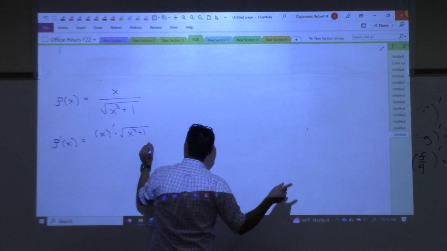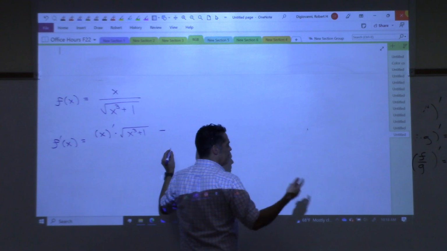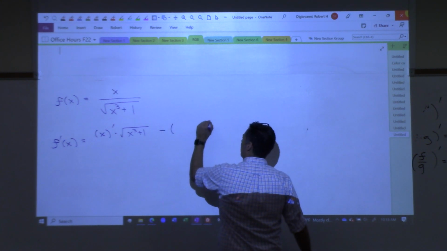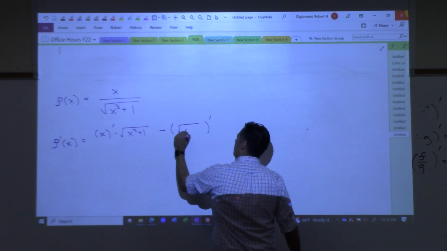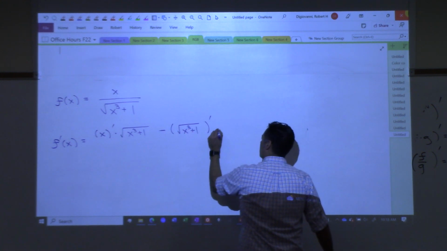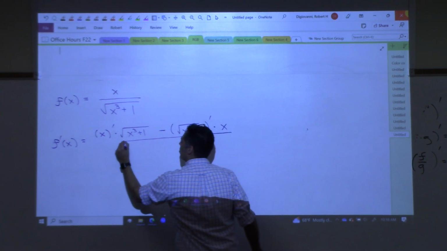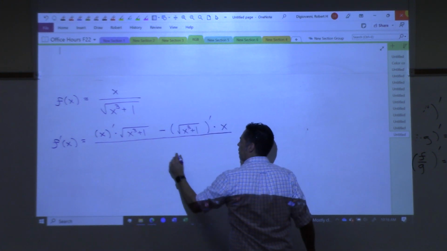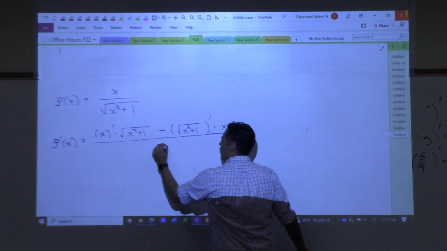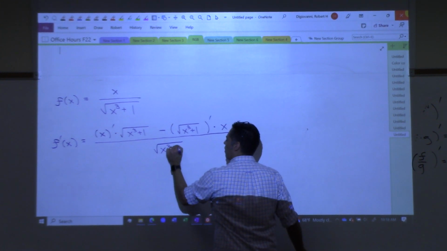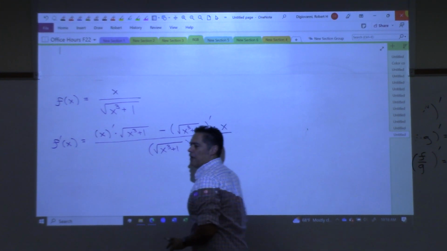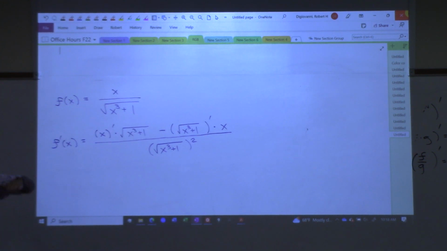Careful. Minus, now what? The derivative of the denominator, which is the derivative of the square root of x cubed plus 1, times the top x, over the denominator squared, which will kill that square root off, but I'm just going to write it. Very good. Does everyone see that ultimately there was a quotient rule we have to deal with? All right, very good. Who's going to continue?